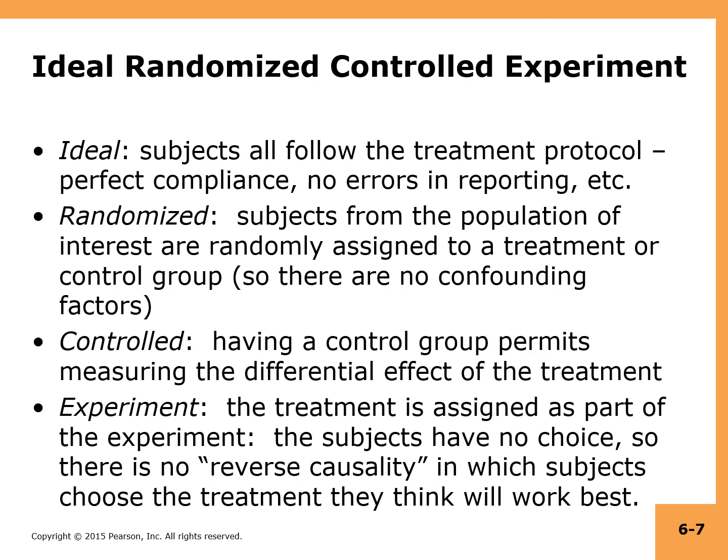Randomized meaning that the subjects from the population are randomly assigned to either the treatment or control group. And controlled meaning that having a control group allows us to measure the effect by looking at the difference in outcome between treatment and control groups. And lastly, experiment, meaning that the treatment is assigned as part of an experiment, that the subjects have no choice to choose which group they want to belong to.